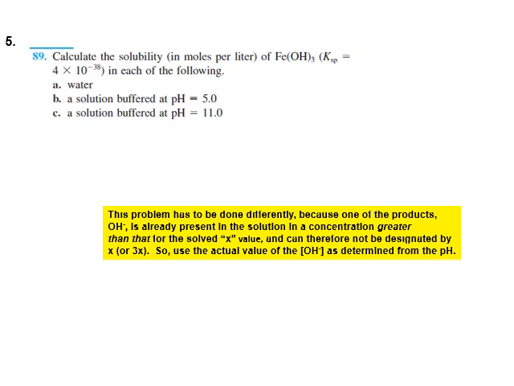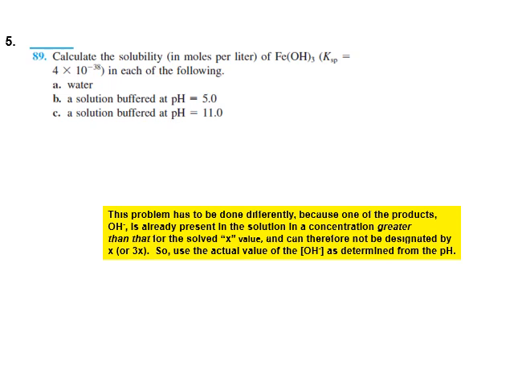And then the KSP expression, which is given, would be the concentration of Fe3 plus times the concentration of OH minus to the third power. You would typically start this off by saying for Fe it's 0 plus x is x, and for OH minus it's 0 plus 3x is 3x.